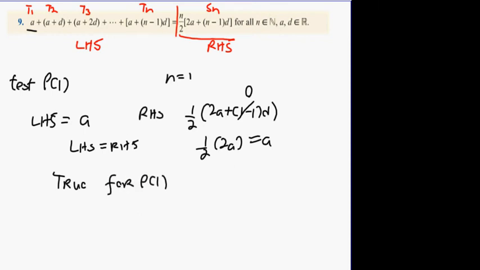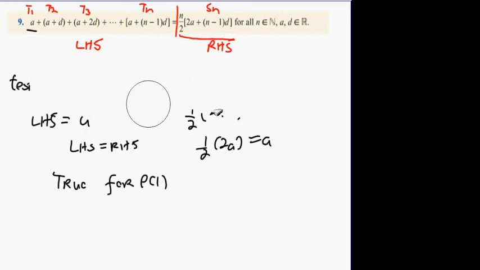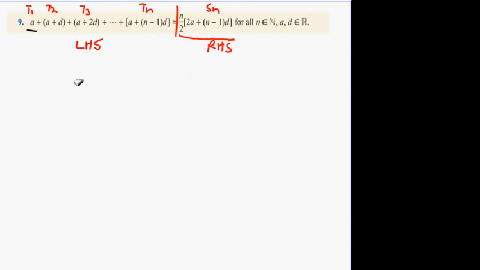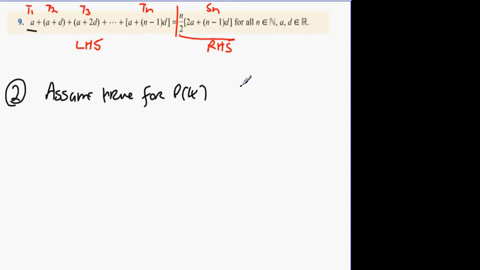Now, once you've done that, what you're going to do next is step 2, which is assume true for p of k. This basically means that n equals k. So let's replace n with k.